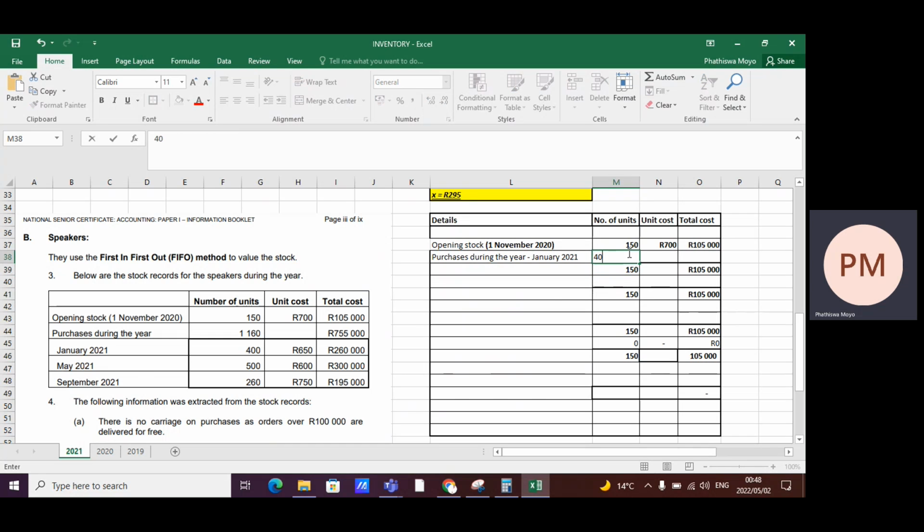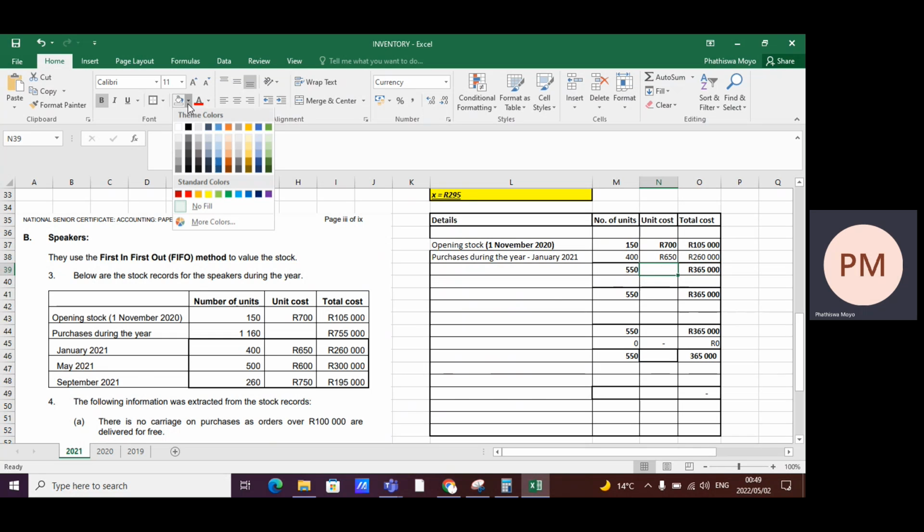Is 450. So here we won't do the average, like where we divide the total value with the number of units, because we're doing the first in, first out. If someone were to buy now 100 speakers, we would say, okay, the cost of sales is 100 speakers multiplied by 700, because we're not working with average, we're working with the cost of the initial purchase.